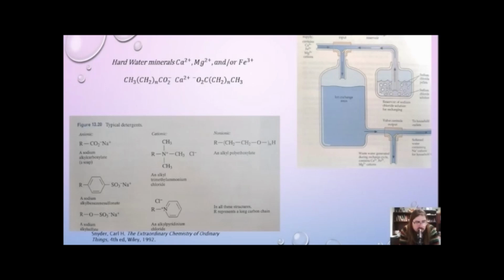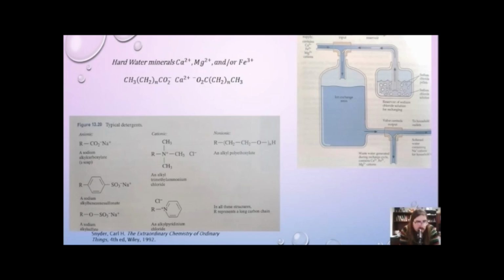These can act as detergents with the non-polar tail and polar head without the charge. The non-ionic detergents are actually a little bit better at cleaning synthetic fabrics because of the ionic charge, and there's some other benefits for the non-ionic ones, but they probably don't work as well to disperse the oils.